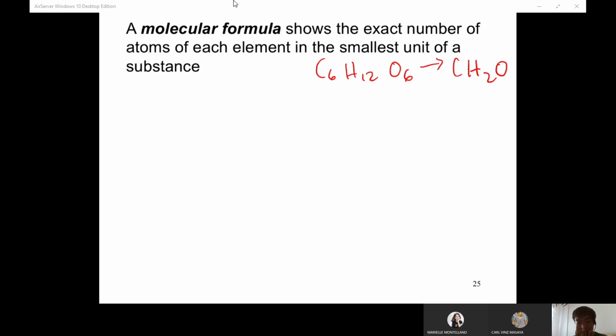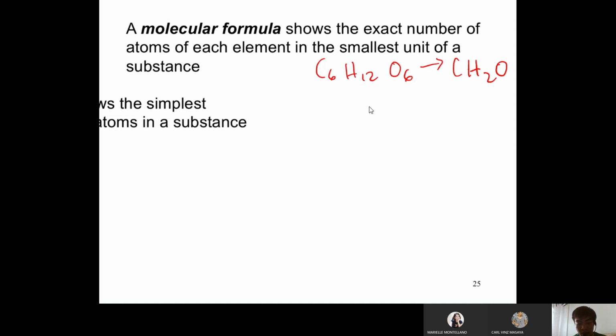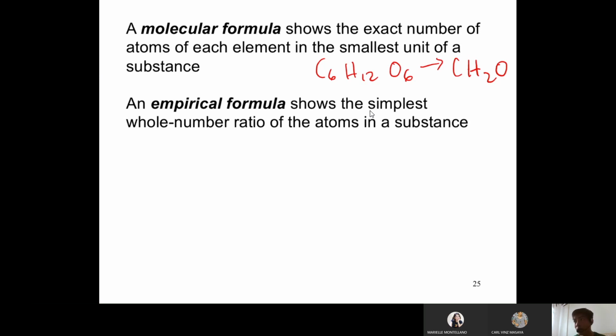And whenever we reduce our molecular formula by a certain factor, we get the empirical formula. Empirical formula is the simplest whole number ratio of the atoms in a substance. Parang siya yung lowest form or reduced form ng mga subscript. Okay.